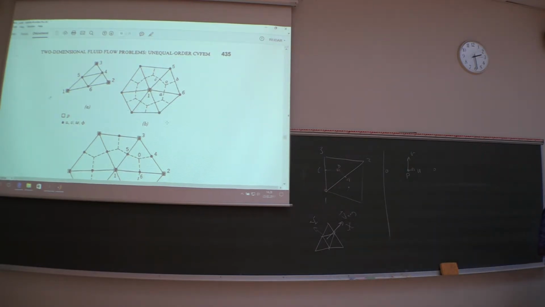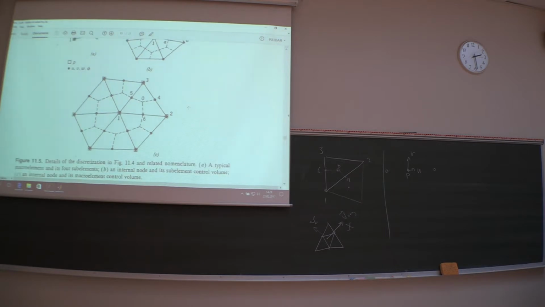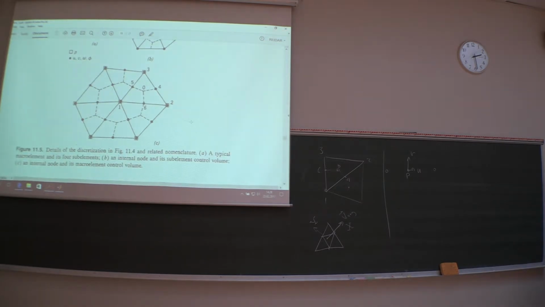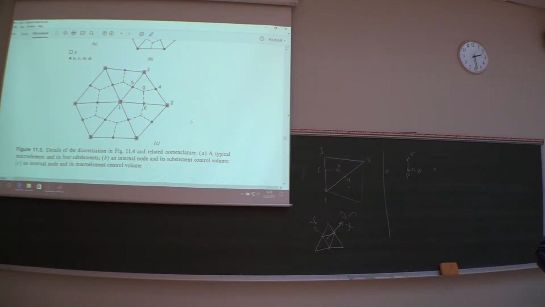So this is one way to work around this staggering pressure problem. Quite possible. But it means the pressure will suffer from not as fine a resolution as the velocities, of course. But for many problems, this will work quite nicely.